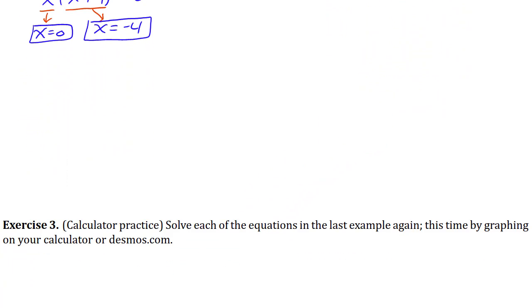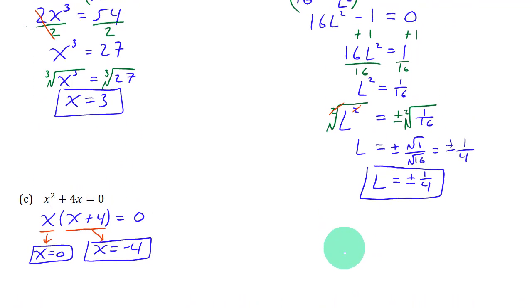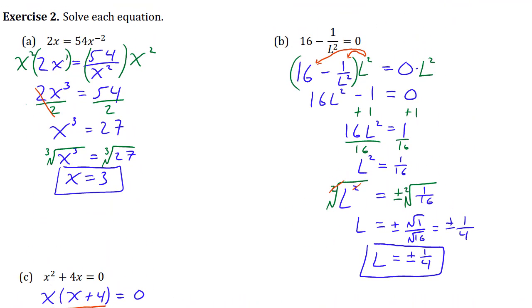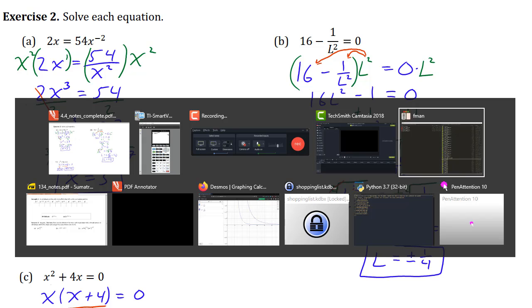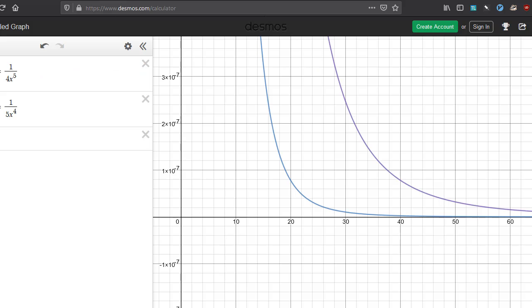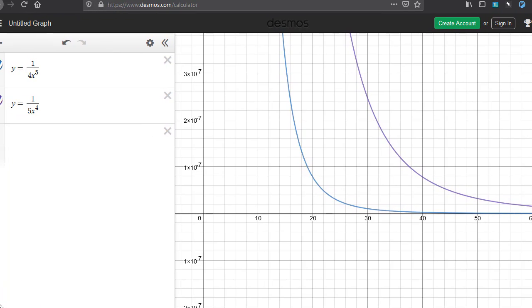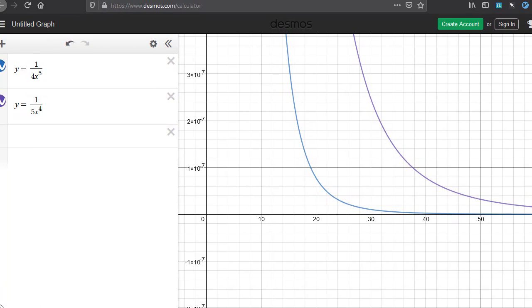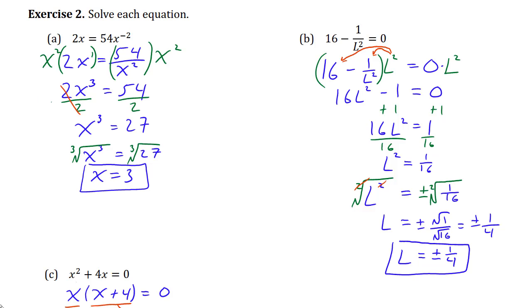Let's go on to exercise 3. So let's solve each of these equations in this last example again, but this time by graphing on a calculator or Desmos.com. So here's what I'm going to do, go to Desmos here. And we want to do, let's see, 2x and 54x to the -2.